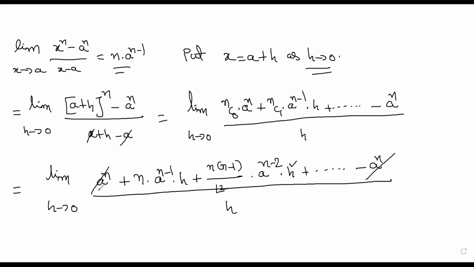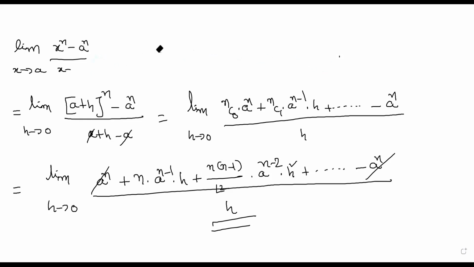Now take h as common in every term. Since the denominator is h, divide every term by h.